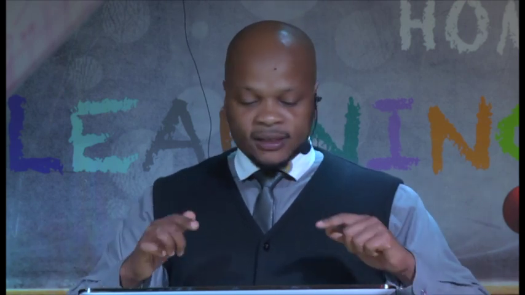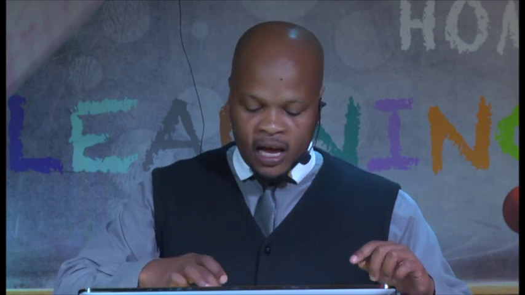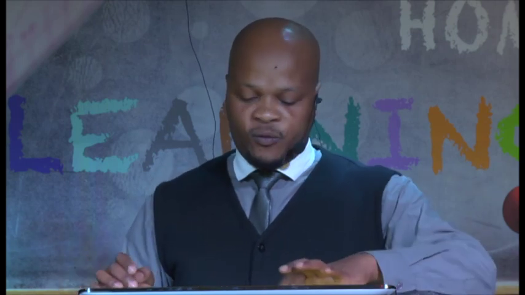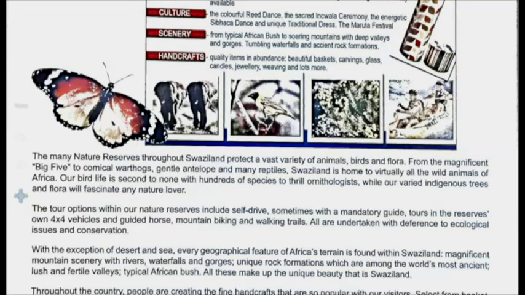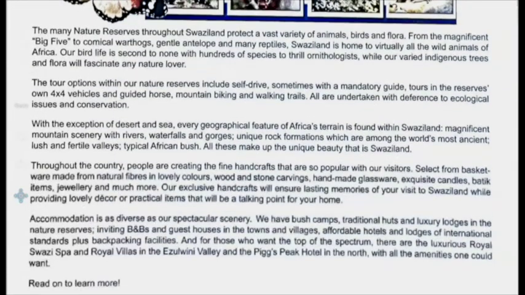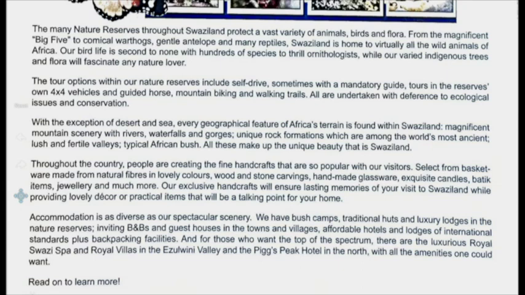All right, I need us to go to a further example of language in usage, where it shows how to attract, how to convince the audience. Let's look at this writing.